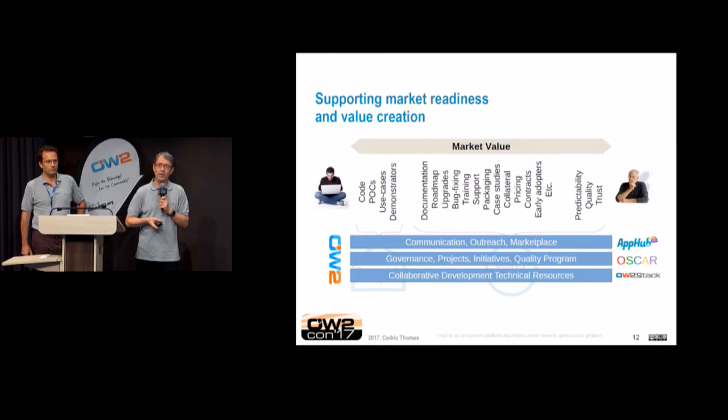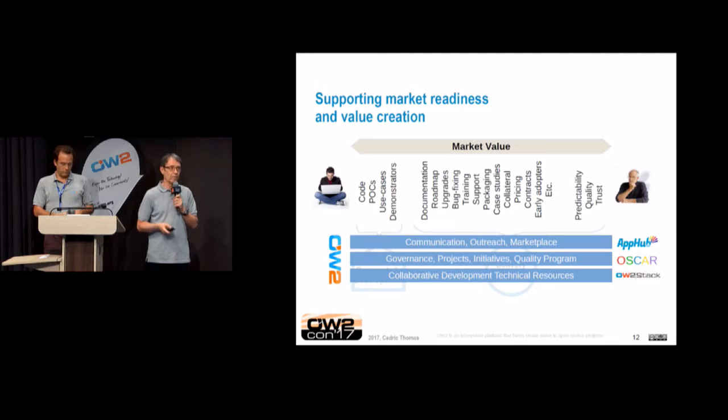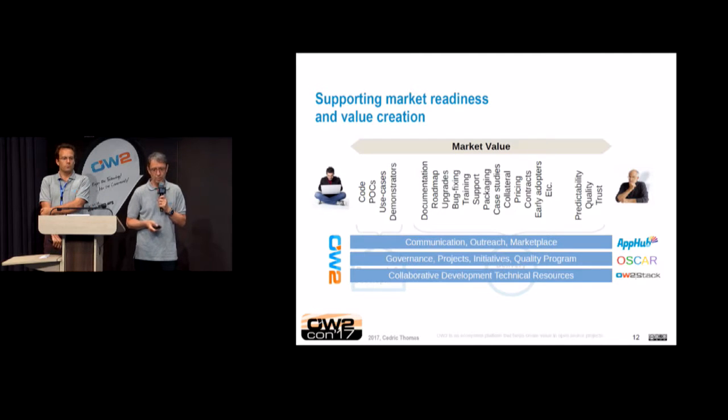But we also support them by providing services. And typically at OW2, we provide 3 layers of services: a technology infrastructure to help the development team work together, some governance to help build trust and predictability into the project, and some market outreach, typically with conferences like these or other conferences where we participate.